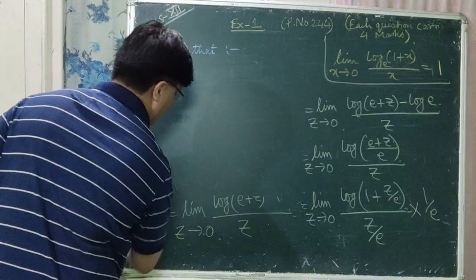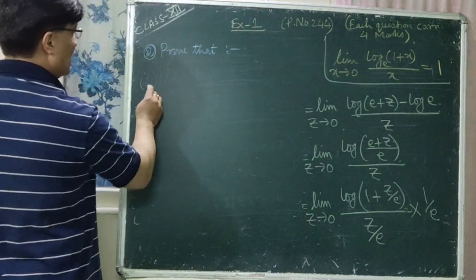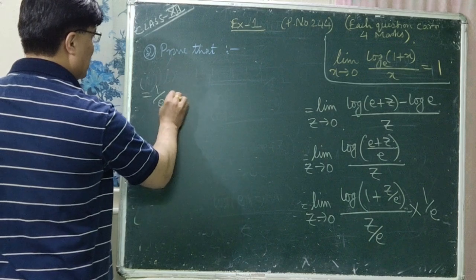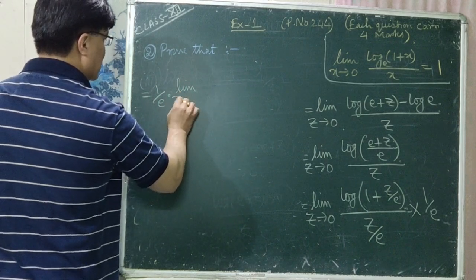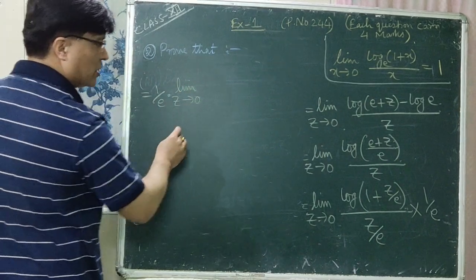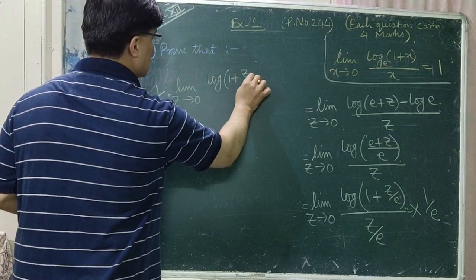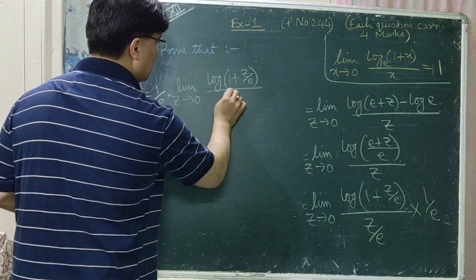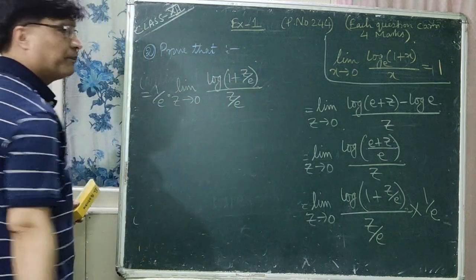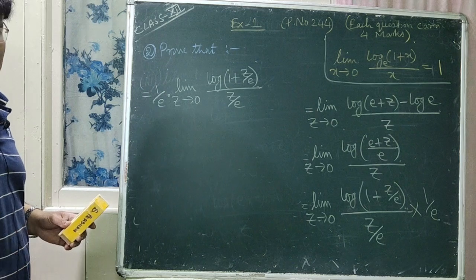Okay, so what do we get now? Is equal to 1 upon e into limit z tends to 0 log of 1 plus z by e divided by z upon e. So now you have understood it.